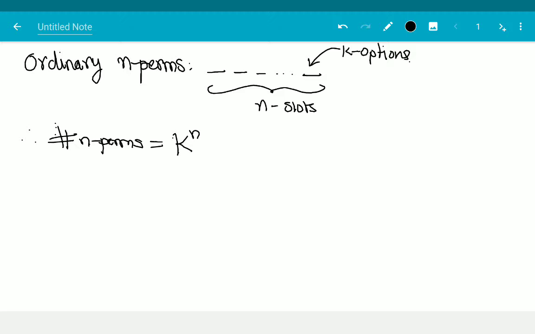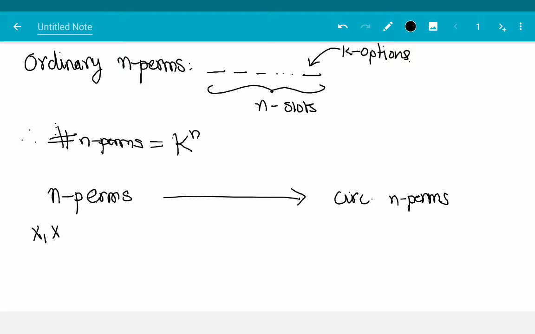Now let us look at how many of these normal n permutations map to the same circular permutation. Okay. Well, I'm going to map them from n perms to circular n perms, my mapping x1, x2, xn, around the circle with x1 at the top.